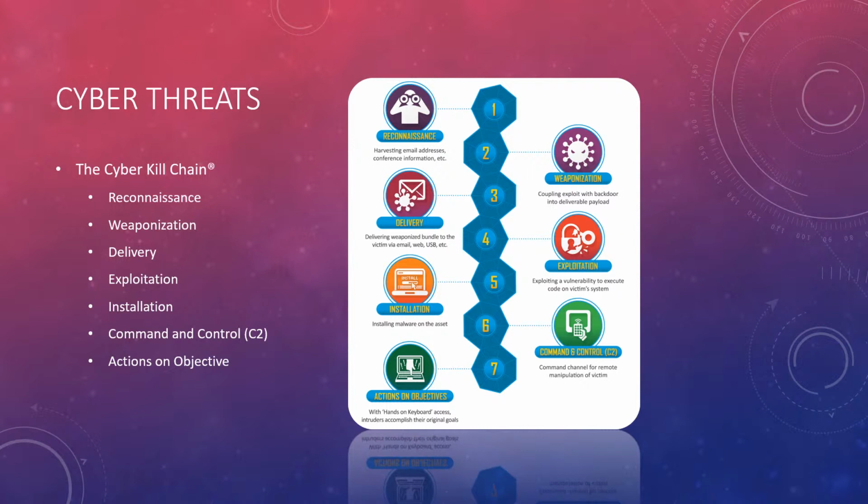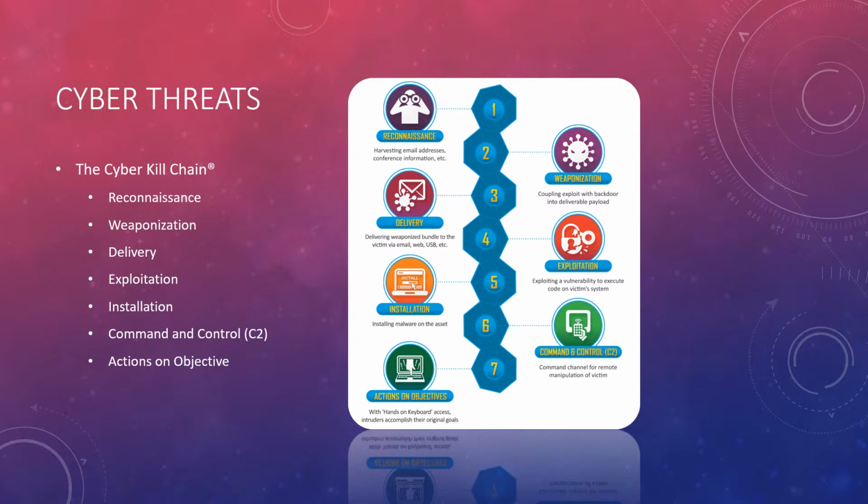Then the next step is delivery of this weaponized bundle via email, USB stick to a computer, via web, however it may be. The next step after that is exploitation. This is where they use the vulnerability to gain access to our systems. Next is installation.